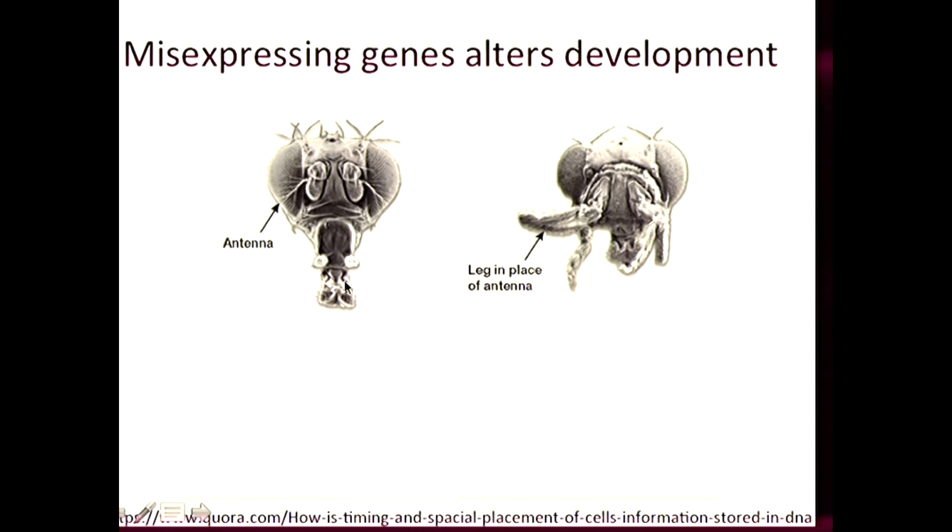When a particular gene's expression was changed, was in fact turned off in the antennae, what was discovered is that these antennae now, instead of developing as antennae, developed into legs. So this is a mutant fly here that has legs where the antennae should be. Okay? This is a class of gene known as a homeotic. It's a homeotic mutant.